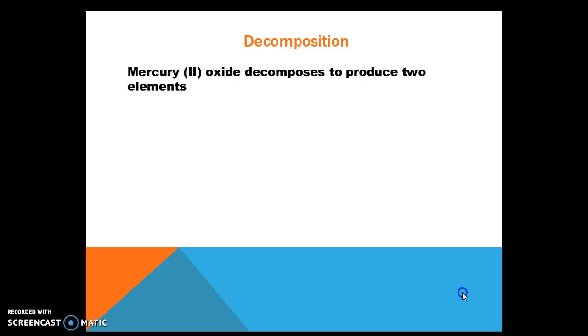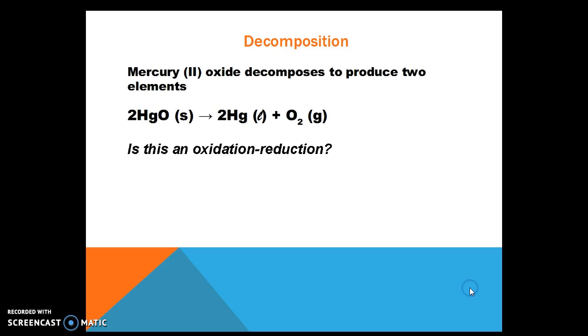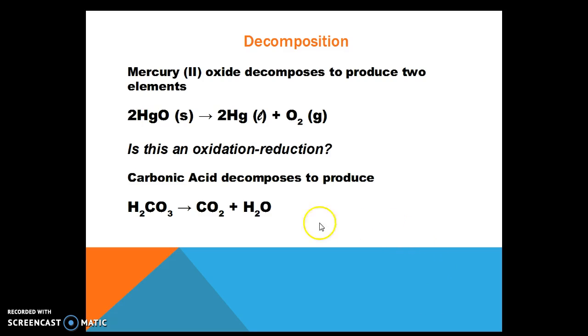Continuing our discussion of decomposition, mercury(II) oxide decomposes to produce two elements. This was what Lavoisier did to produce oxygen. The mercury(II) oxide is on the left, the mercury and the oxygen on the right. Is this an oxidation-reduction? Well, yes. And carbonic acid decomposes to produce carbon dioxide and water.